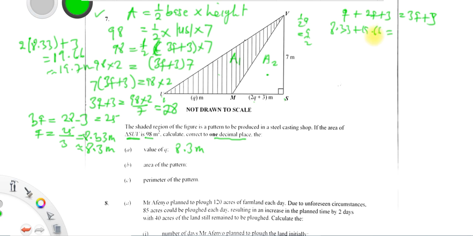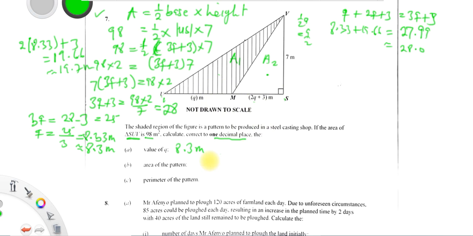Obviously, you get 27.99. So to one decimal place, approximately we get 28.0. Yes, this is what we get. So fine, you know the whole length. You know this side. You know this side.